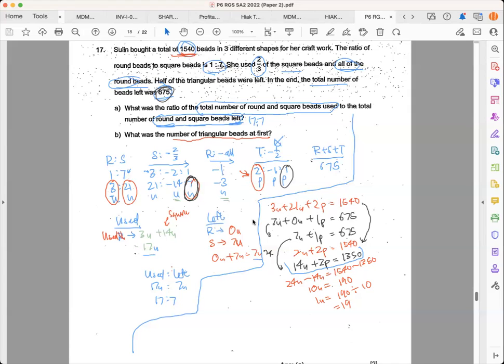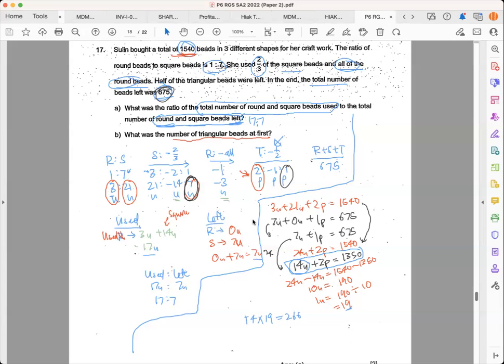I'm going to use this one to find the 2 parts. 1 unit is 19. So let's find what 14 units is. 14 units will be 14 times 19, which gives you 266.